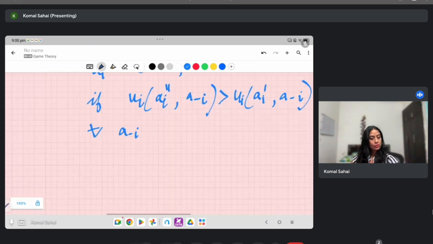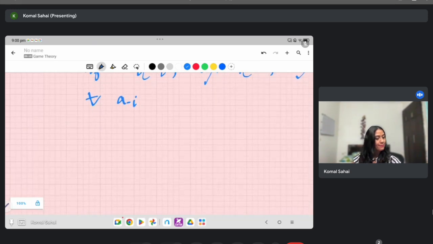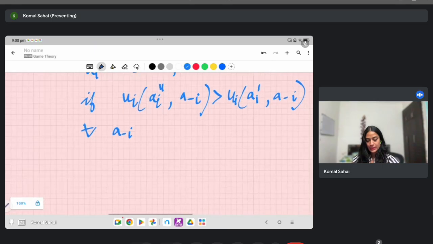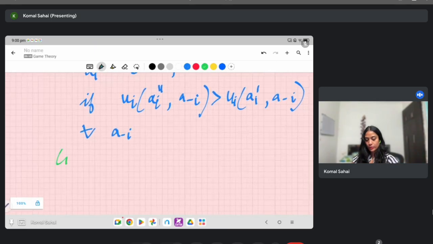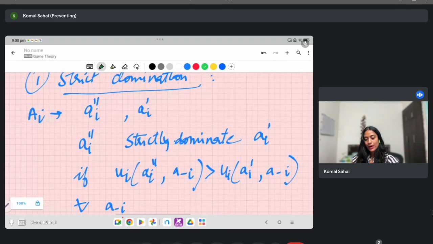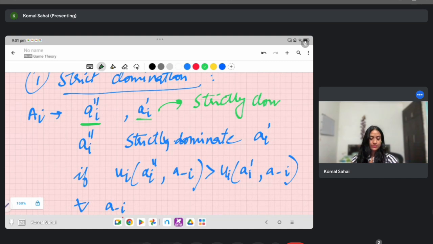Let me write a corollary, and then we will do an example. The corollary is a side result of what we have done so far and this concept of strict domination. In this case, you have your a_i double prime. a_i double prime strictly dominates a_i prime. So a_i prime is called strictly dominated.